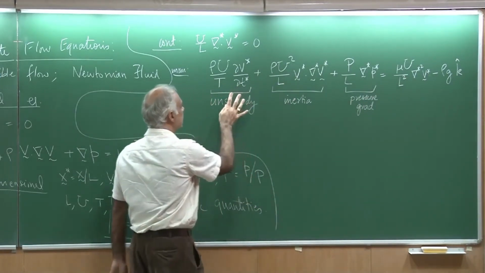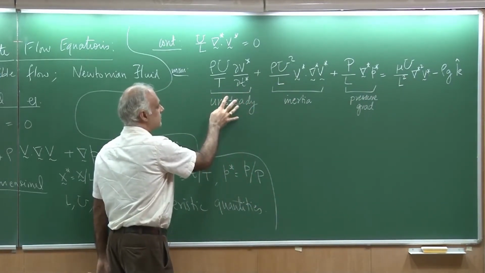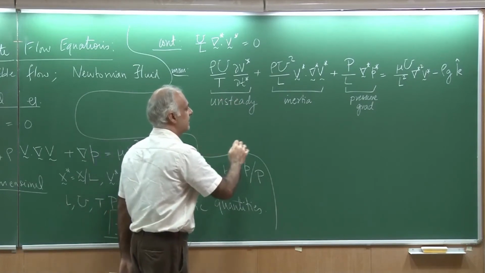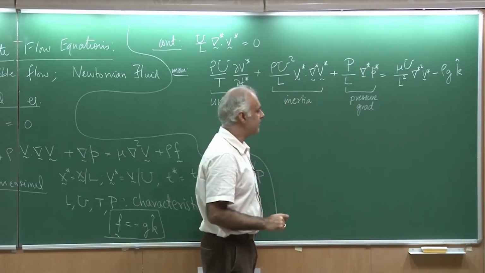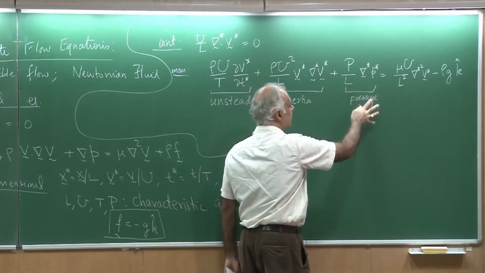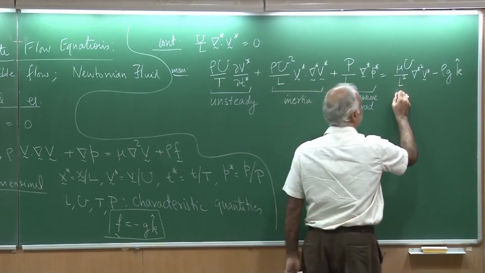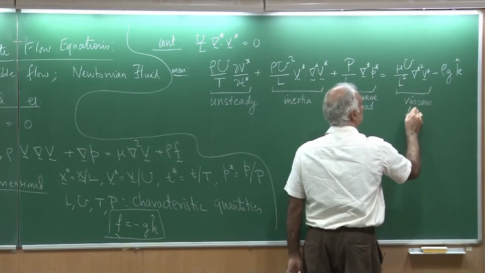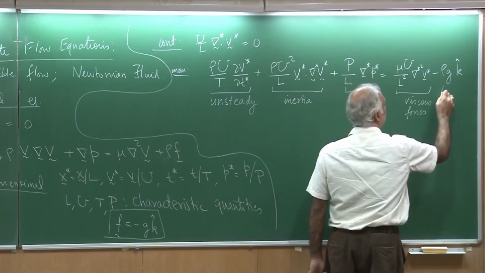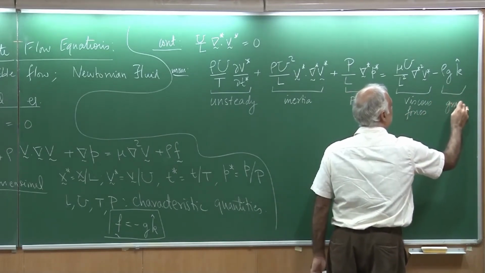So this is the unsteady term, the inertia. This is also the inertia, but it is the steady part, the convective derivative. This is the force because of the pressure gradient. This is the viscous forces, and this one here is because of gravity.